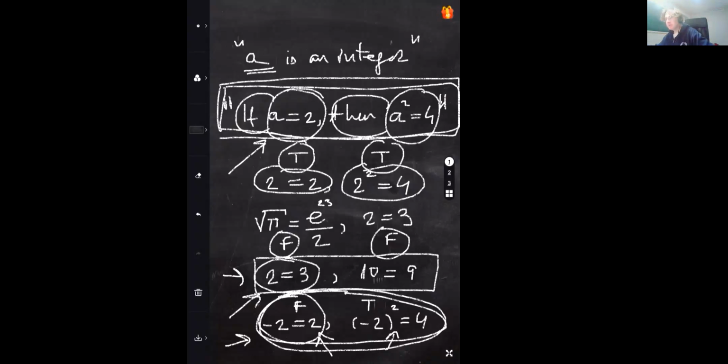So the point is that the falsity of the hypothesis does not destroy the truth of the implication. It is actually quite the contrary. When you have a hypothesis which is false, and we know that this is false, the whole implication is always true.